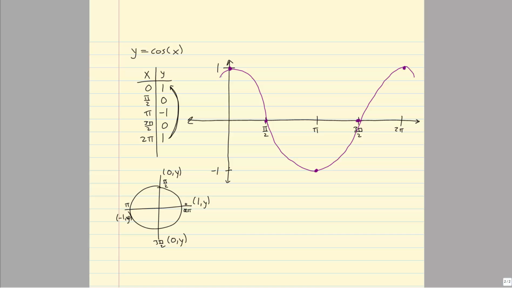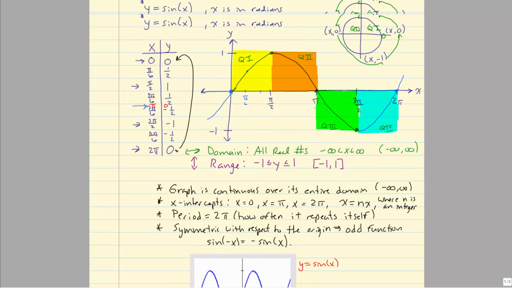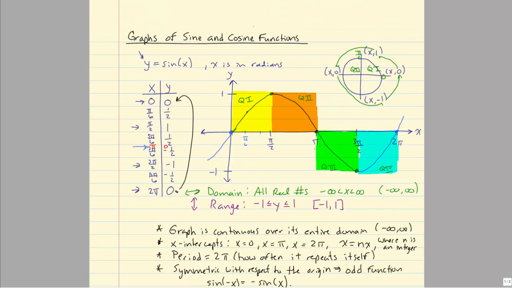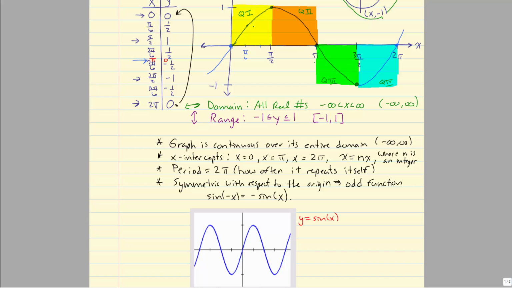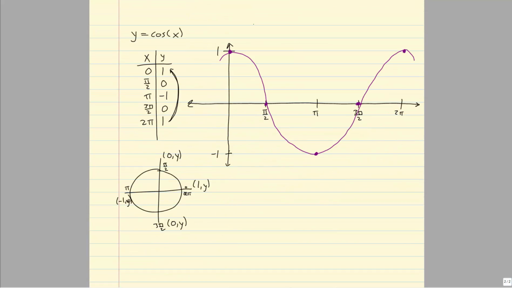So let's talk about some of the other characteristics of this graph. Let's see what we talked about for sine and make sure we get the same thing. So we talked about the quadrants, and we talked about the domain and the range, and then the other characteristics as well. So let's talk about the quadrants. So in terms of quadrants, this is the first quadrant because I go from 0 to pi over 2 on my x-axis. So this is quadrant 1.